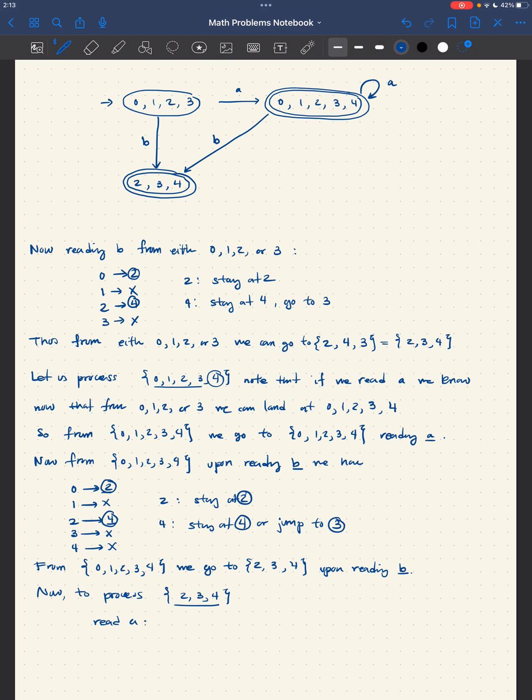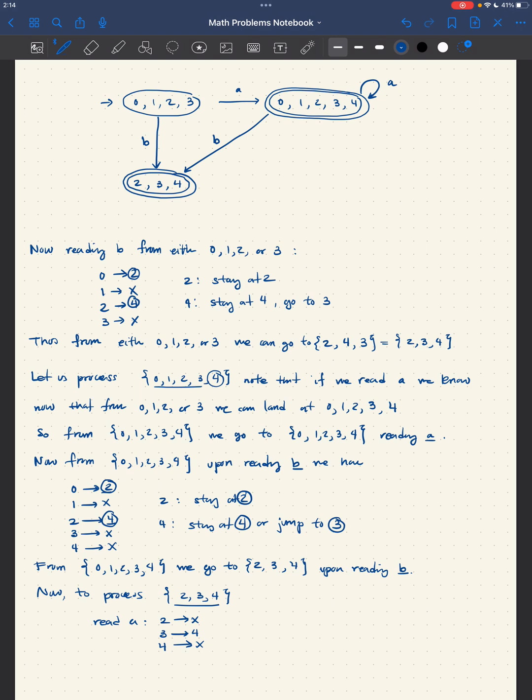What happens when you read an A? From 2, you read an A, and there's nothing that we can do. From 3, if we read an A, we can go to 4. And that's all that we can do from that. From 4, if we read an A, then we would land nowhere. There's nothing that we can do.